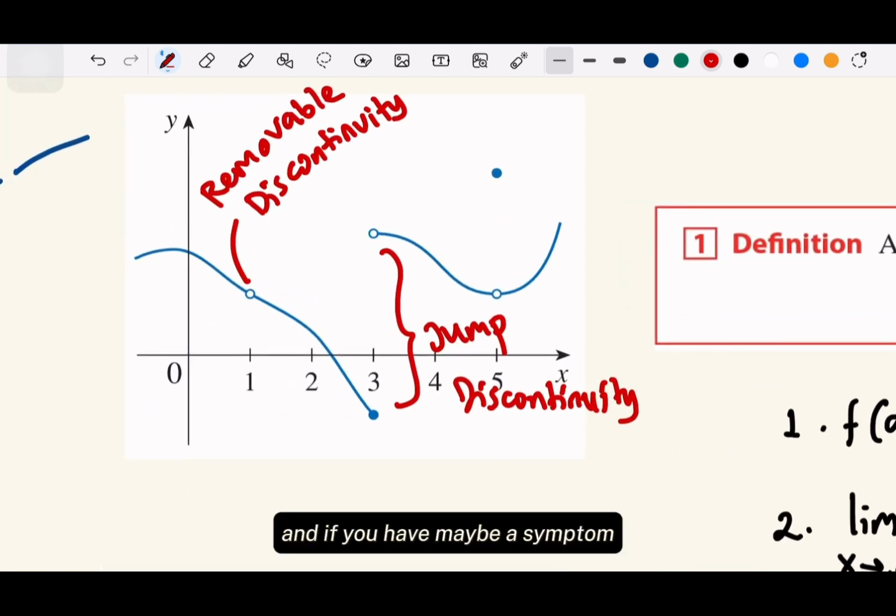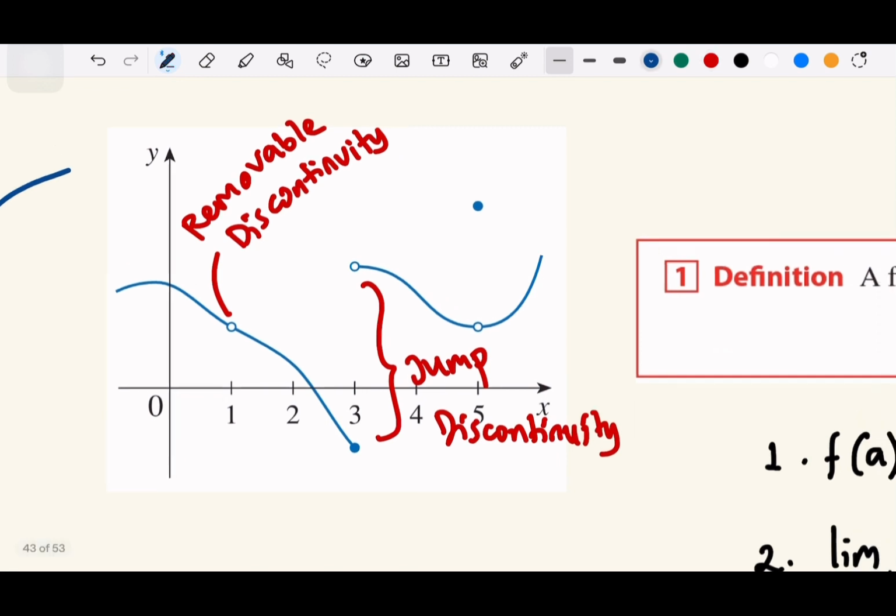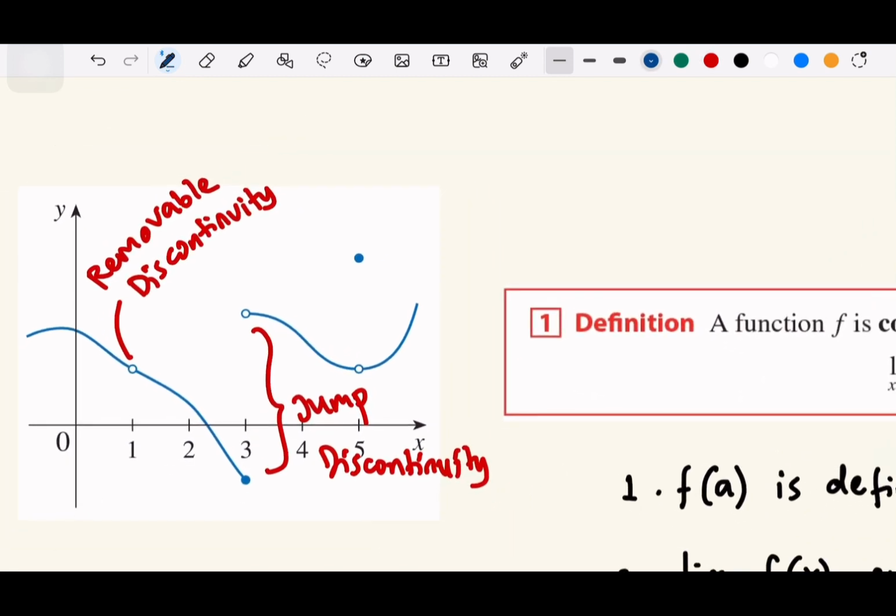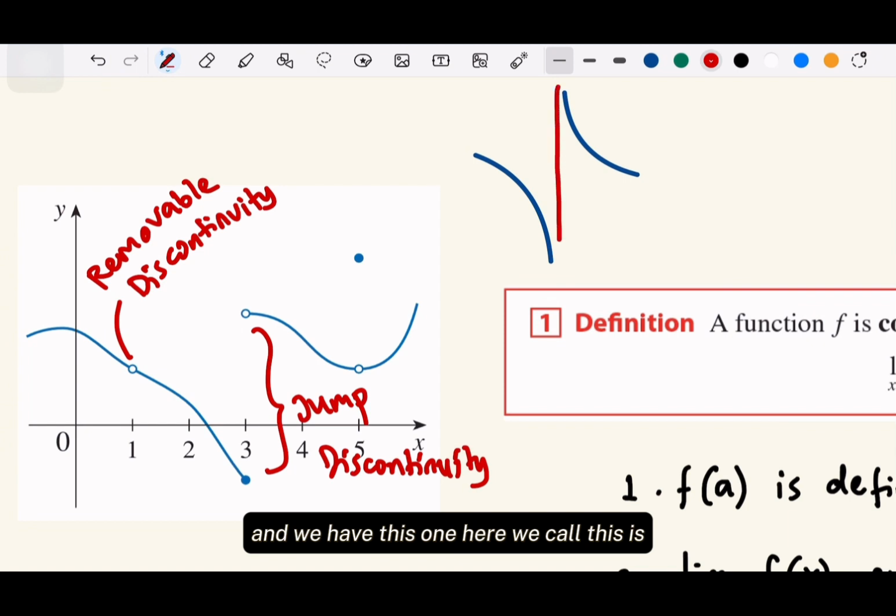And if you have maybe an asymptote, you can also have asymptote discontinuity. Like this one, maybe going down like that, and the other one is here. We have this one here.